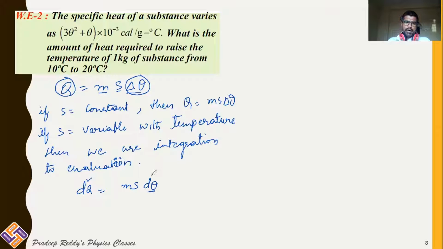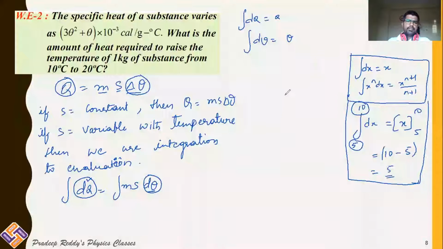We will be taking a very small elemental change in the temperature, that is dθ. For this elemental change in the temperature, how much heat is required? Elemental change dQ is required. Now I'll be integrating this on both sides. Integration of dQ is equal to Q, integration of dθ is equal to θ.